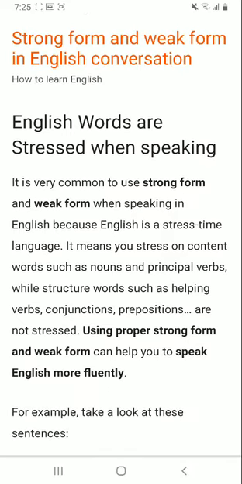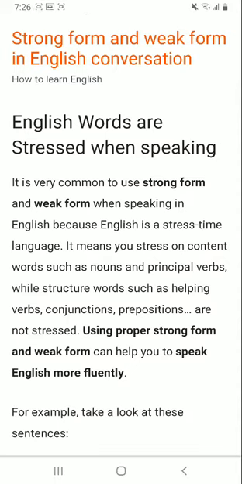It is very common to use strong form and weak form. Very commonly we use these two types of forms in the language of English. Because English is a stress-timed language, we fluently speak the language with strong form as well as weak form without any difference.